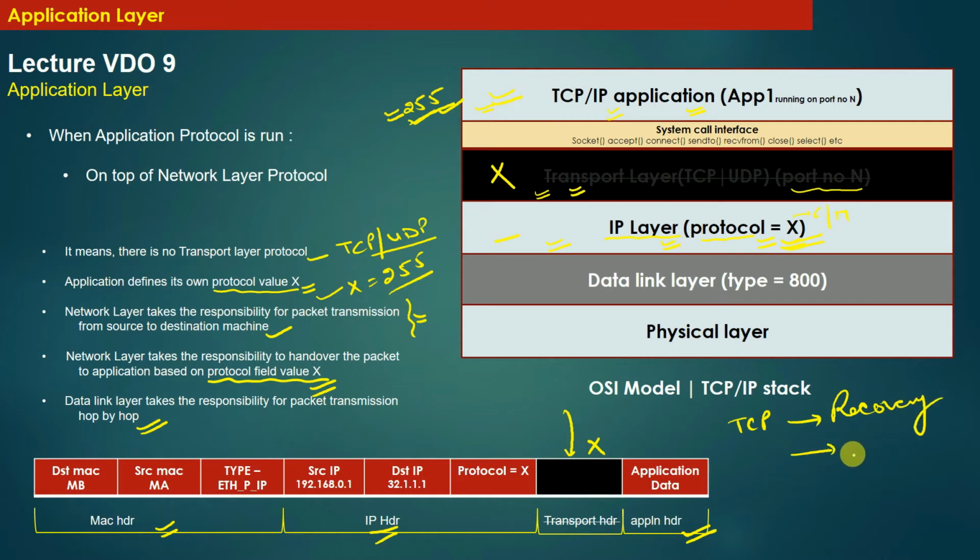For example, congestion control in the network. And there are other benefits that are provided by the TCP protocol. So since in this example we are not using transport layer protocol at all, therefore any of the benefits provided by the transport protocol cannot be harnessed by running application directly on top of the IP layer.